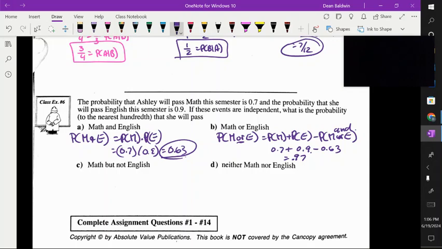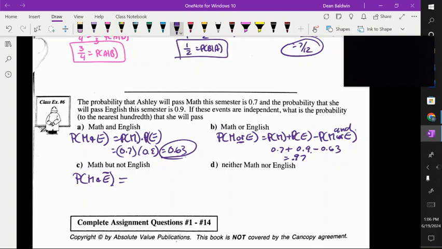Okay. The probability she passes math, but she fails English. That's an and sign. That's just my really bad shorthand. Now, why did I put this over the English thing? It's the opposite, it's the complement, right? And these are independent events. So if it's M and E, I can just multiply the probabilities.